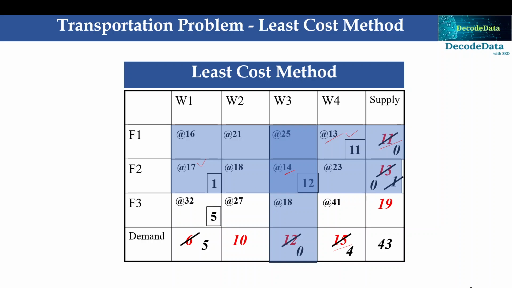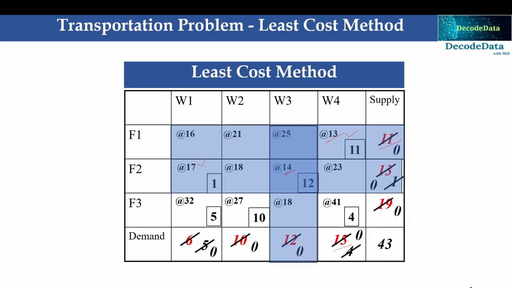I will put 5 here, so this 5 becomes 0. I will put 10 here, so this 10 becomes 0, right? And I will put 4 here, so this 4 becomes 0. All 19 are delivered, so this becomes 0.